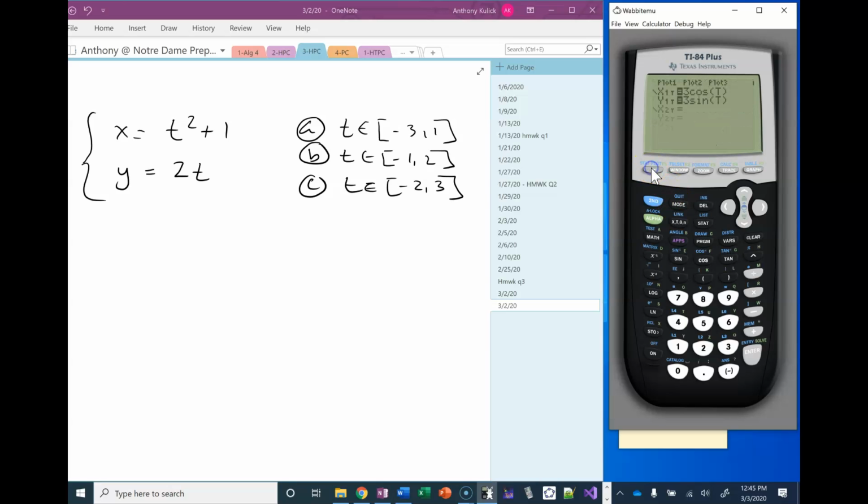Now, if I press the y equals button, you'll notice that the y equals menu looks a little bit different, right? For each function, we have an x equation that'll be written in terms of t, and a y equation that'll be written in terms of t. Now, you'll see that I had things here from the previous class, so I'm just going to clear those out. In x1t, I'm going to write t squared plus 1.